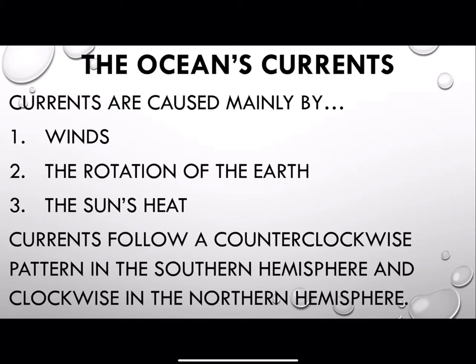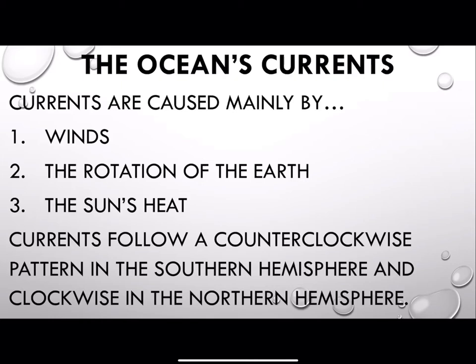Now, the currents follow a counterclockwise pattern in the southern hemisphere. So that would be South America, Africa, India, Southeast Asia, Australia, all of that.